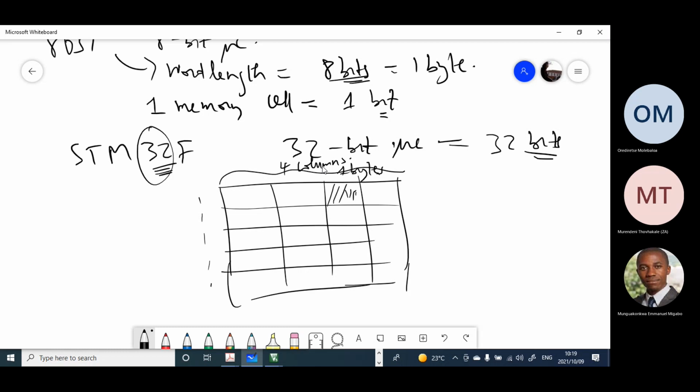I'm not sure if I follow. Okay, so if a memory cell of such a microcontroller is 1 byte and the word length we've said is 32 bits.